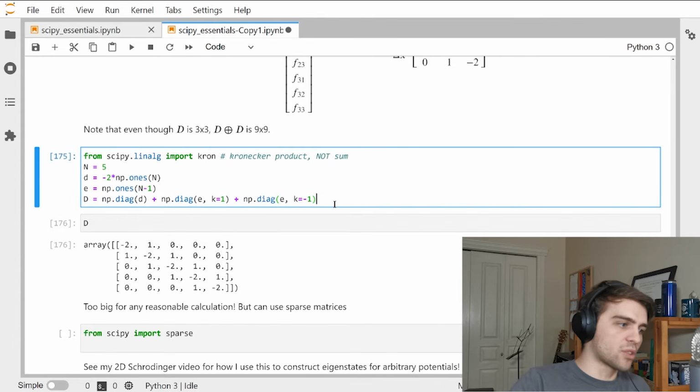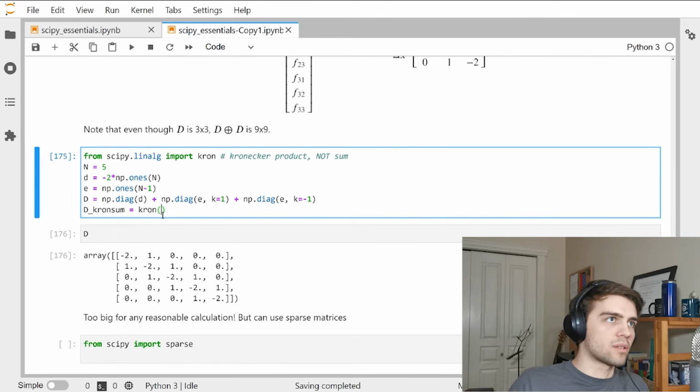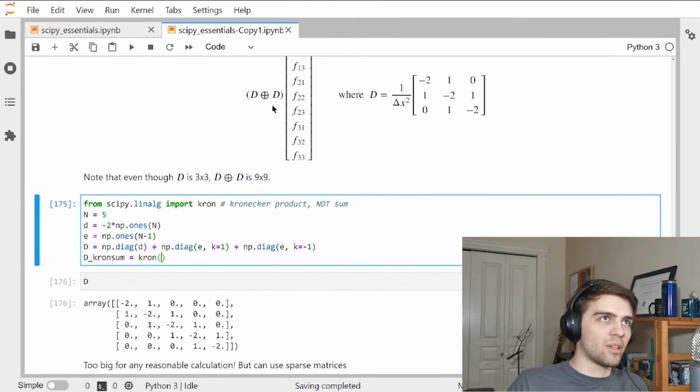There's a simple function they have for the Kronecker sum. The Kron sum is equal to kron. So I'm importing the Kronecker product here. Now, this is the Kronecker product, not the sum, and I want the sum. And the sum is actually defined in terms of the product.